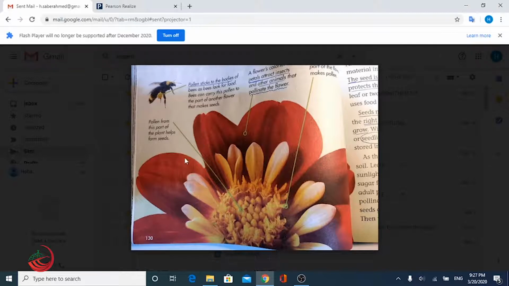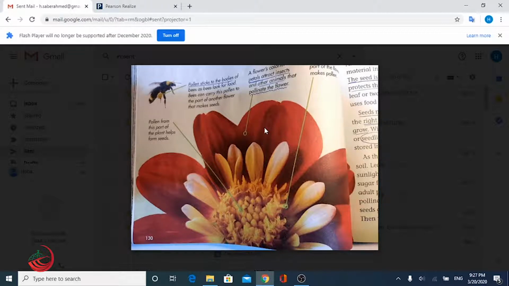Those petals produce aroma or smell that attracts animals and other insects to the flower. But what is the role of these insects or other animals? They help the flower to pollinate.